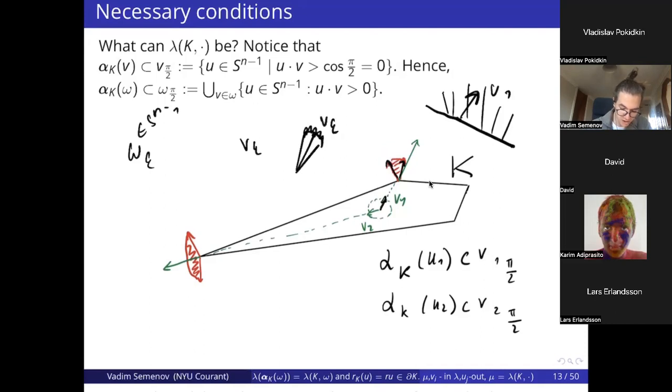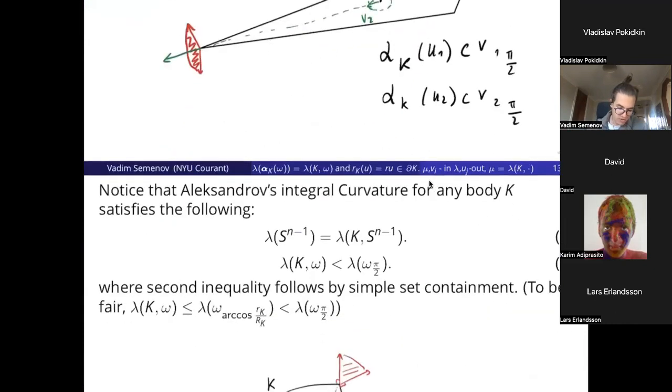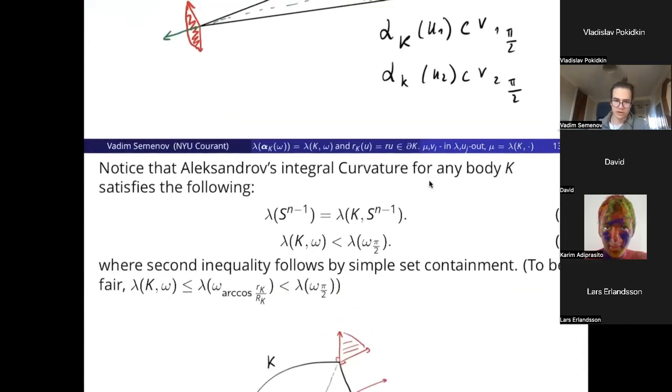This is your v epsilon. All of this is true because the center is exactly inside the interior of the body. That's why the normal cone should look in a very specific direction. It cannot be like this if the vector points up here. This simple consideration immediately gives you this relation.